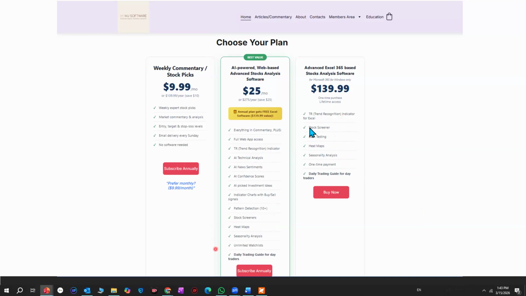I would highly recommend you move to this Elite system, the AI-powered web-based one, because this is the new system we launched last month, and we have been adding continuous updates to it. Unfortunately, there are limitations in Excel because it works within the Excel environment, so it does not interface well with the AI machine learning systems and the libraries available out there. But we do from time to time update the Excel software as well.